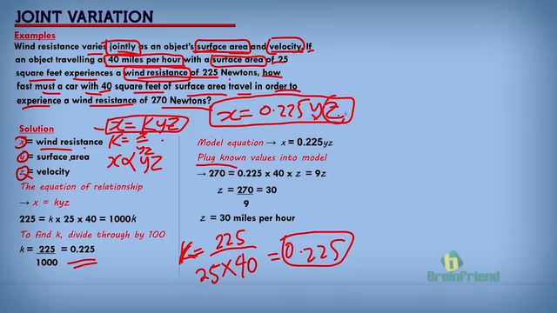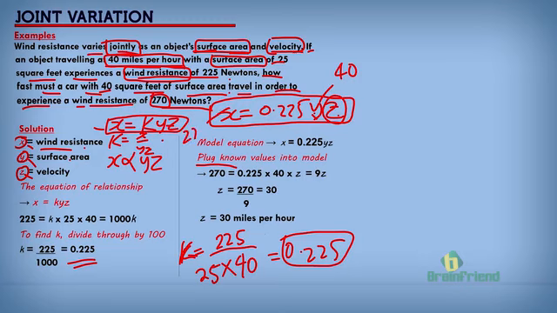Z, therefore, is our unknown. How fast must a car with 40 square feet of surface area? 40 square feet of surface area. Surface area is y. So our y here, we replace with 40. Travel in order to experience a wind resistance of 270. X is the wind resistance. So our x here is 270.